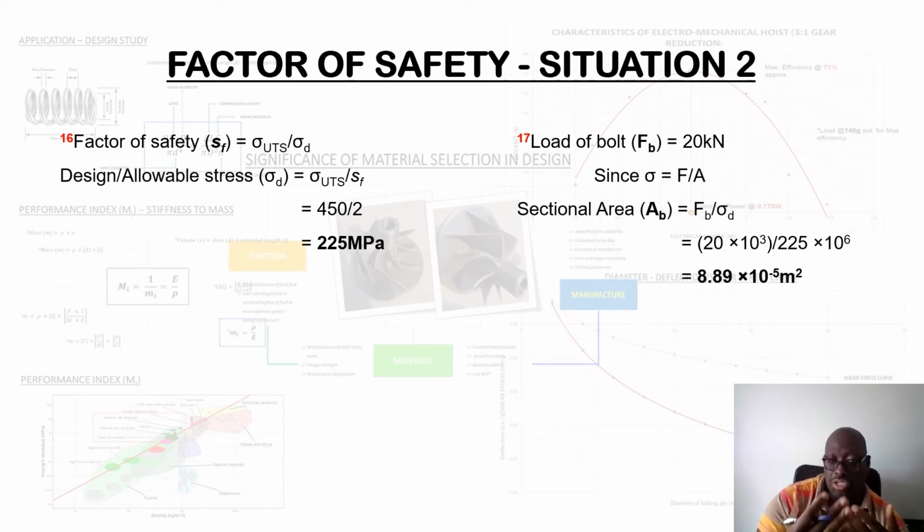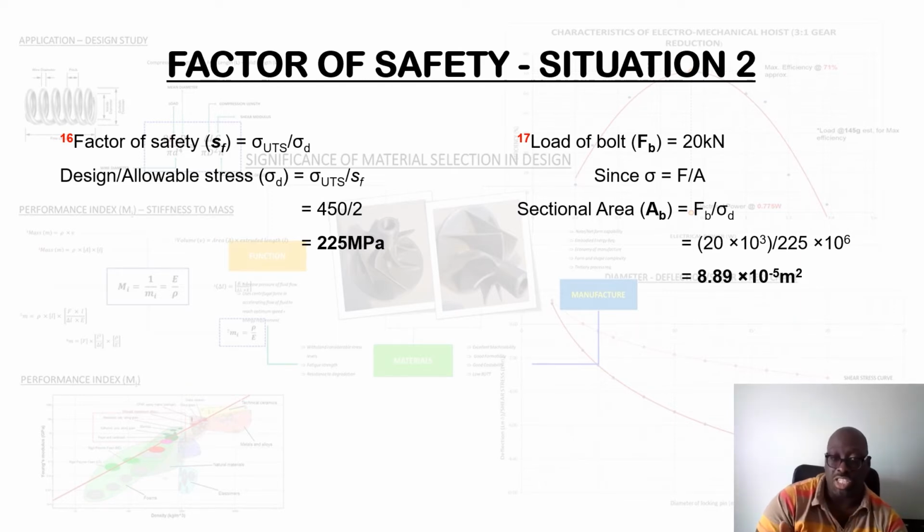So similar to the previous worked example, we know what the load on the bolt is, so that value has been given as 20 kilonewtons. Since we know that the stress is equal to the ratio of the force to the perpendicular, the normal cross-sectional area, then we can make A the subject of this relationship.